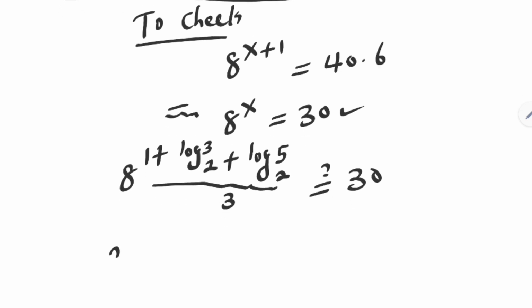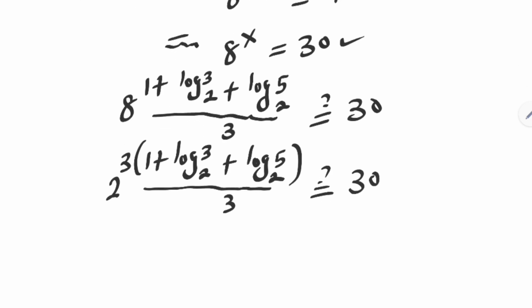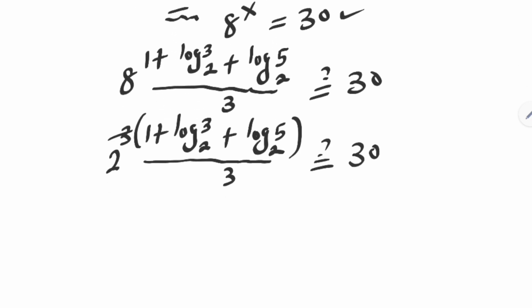Now this is same thing as 2 raised to power 3 bracket 1 plus log 3 base 2 plus log 5 base 2 all over 3 must be equal to 30. This cancels this.